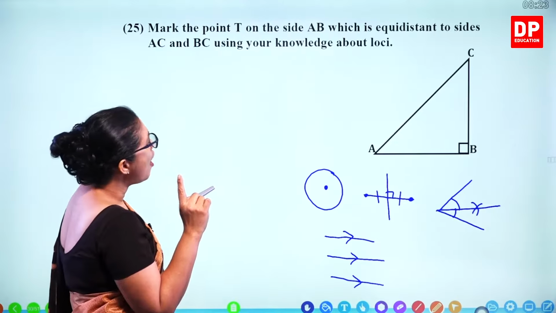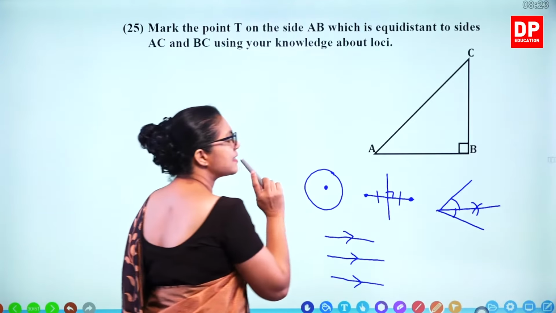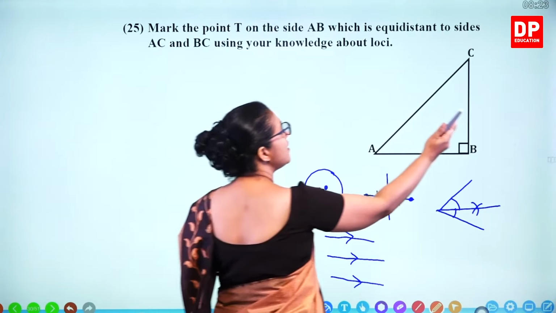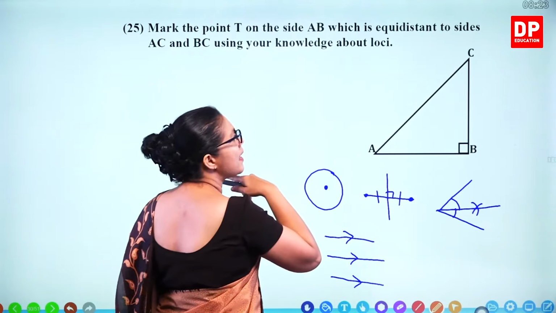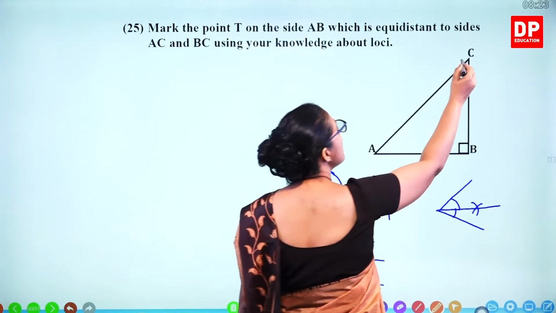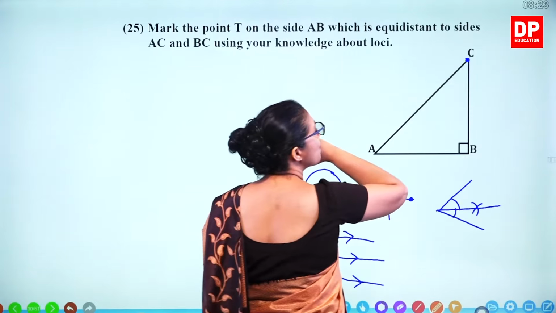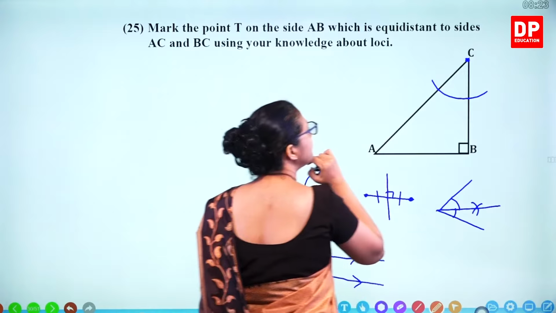Now this is about angle bisector. 2 lengths are given, so you need to draw the angle bisector. So what you do, you take the compass, keep on top of C, draw an arc.